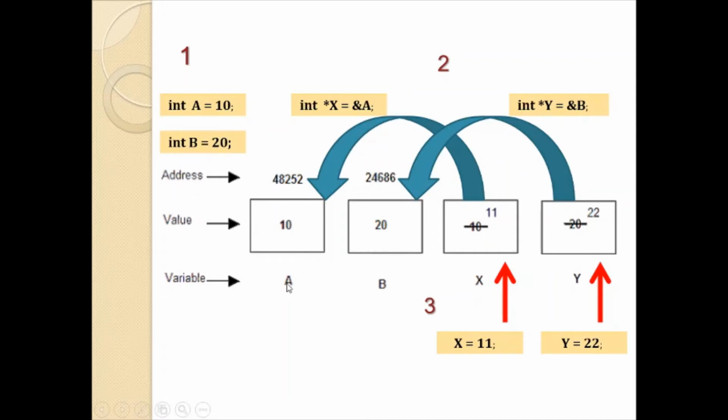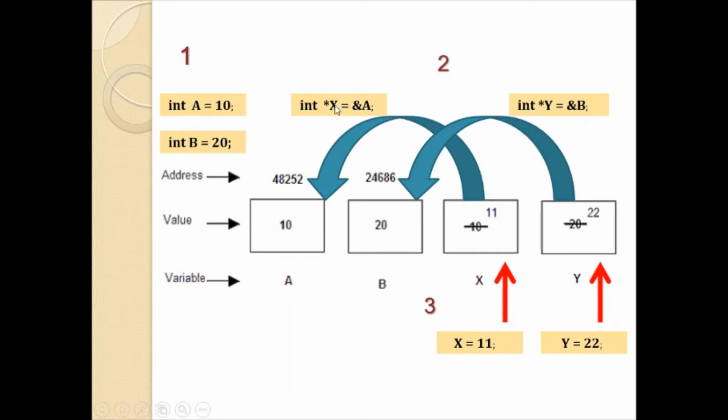So that you can see A is allocated with some memory with some address and 10 value is stored in A. B is allocated with some memory and it is having some address and 20 value is stored in B. In second step, what we are going to do, here we are trying to store address of A in some variable X. Here this ampersand represents it is address. So address of variable A we are trying to store in some variable.